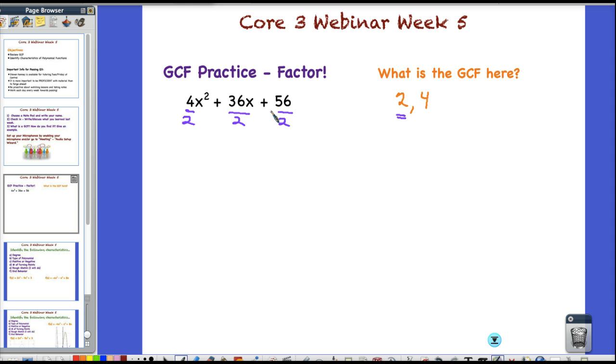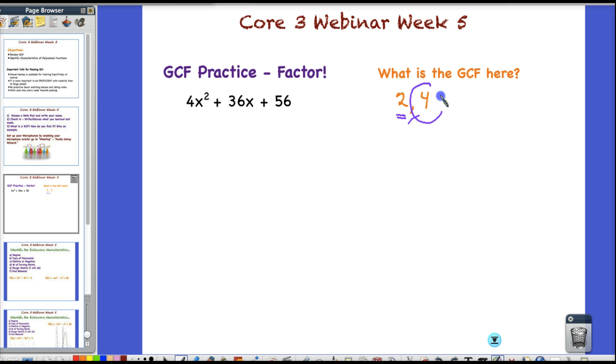So Emma is on it, and Miriam already said 4, and Brianna already said 4. So David, what do you think? Do you think 4? Yes. Okay. So what we would want to do then is double check, because if you only say 2 and you only pull out a 2, it's going to cause you lots of problems when you are factoring.